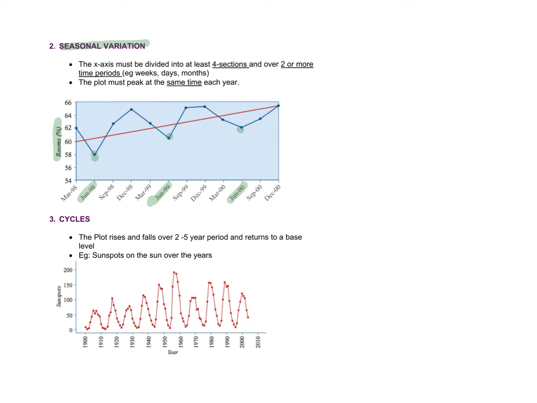See how it's dipping all the time in June? That would mean we're going to say there's a seasonal aspect to that, because something's happening at the same time within the period. Here they're doing quarterly years. We're seeing a drop at the same quarter of each year.